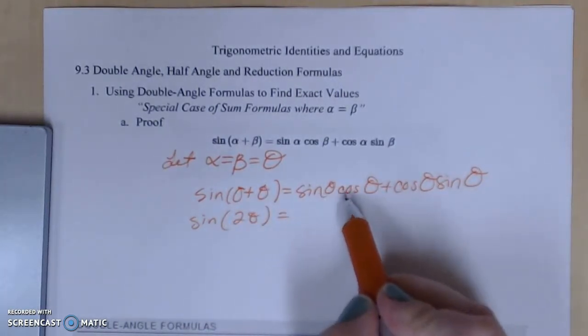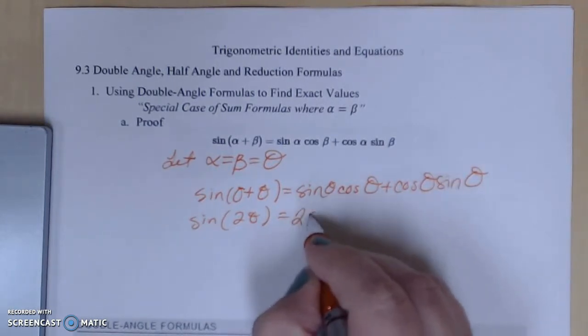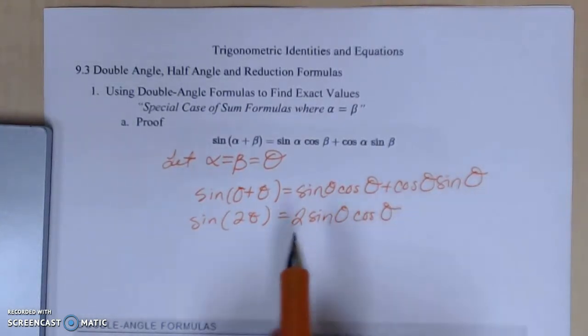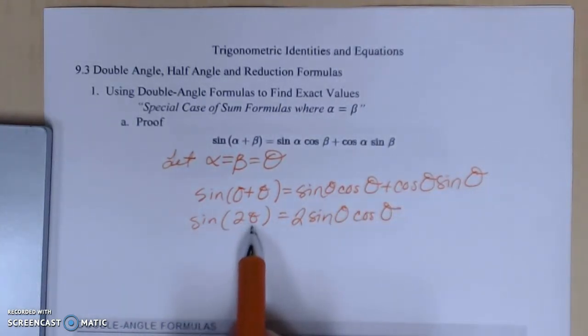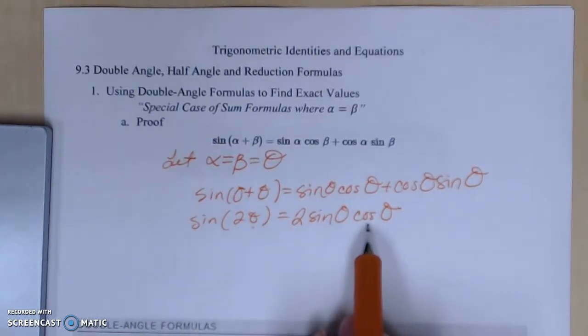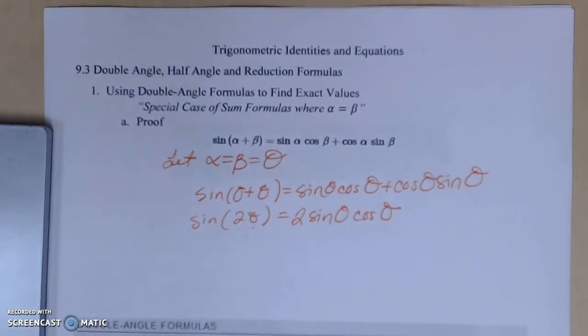Over here, whether I wrote sine cosine or cosine sine, those are equivalent. So I have two of them. And you can see that if I have sine of 2 times an angle, that's equivalent to 2 sine cosine.